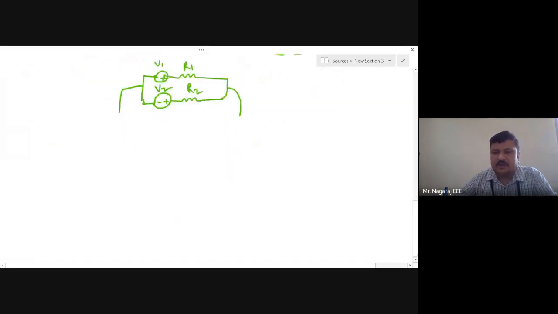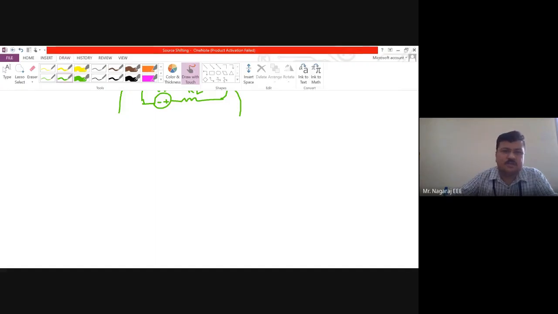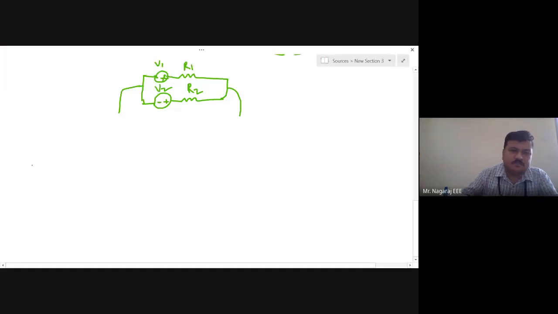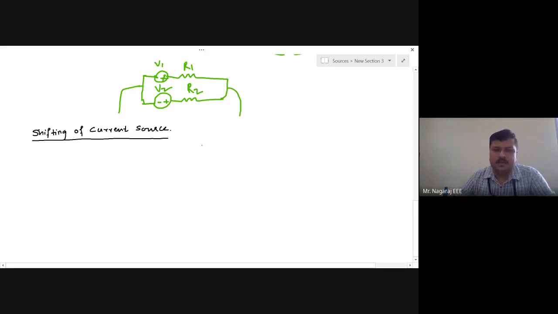Now, the next part is shifting of current source. What we have seen is the shifting of voltage source. Now, we will see shifting of current source. Voltage sources were shifted beyond the nodes.